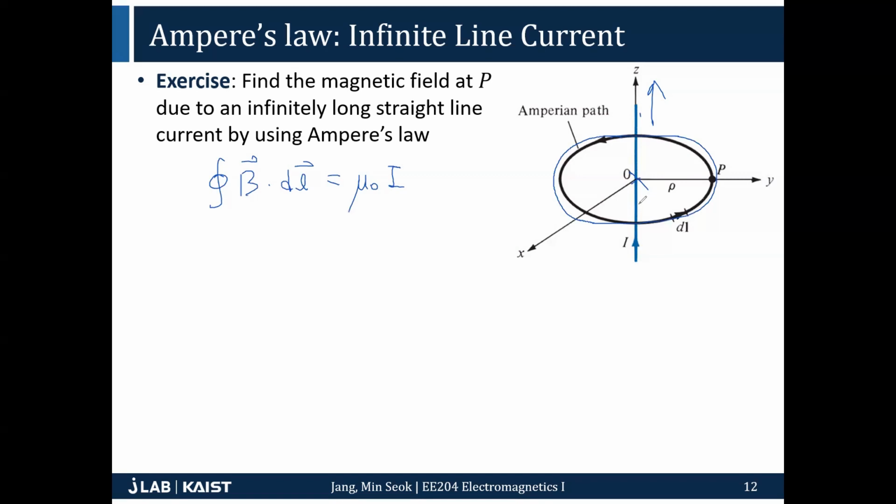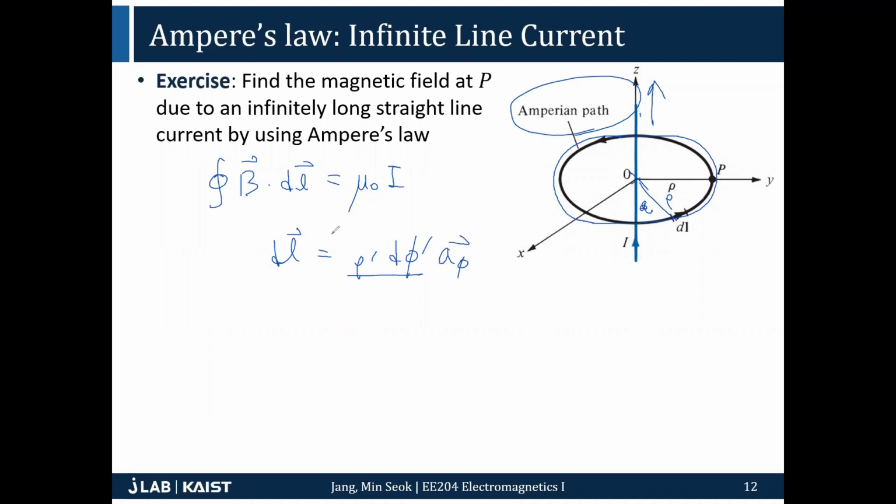But again, before we do this, we need to first determine the direction of the B field, because even if we pick the Amperian path like this, what does dl become? Let's say this radius is rho, then dl becomes rho prime d phi prime, and then a phi.